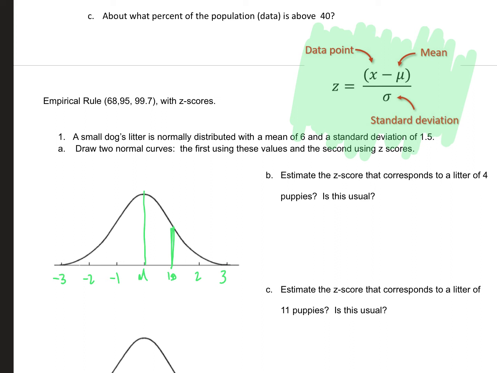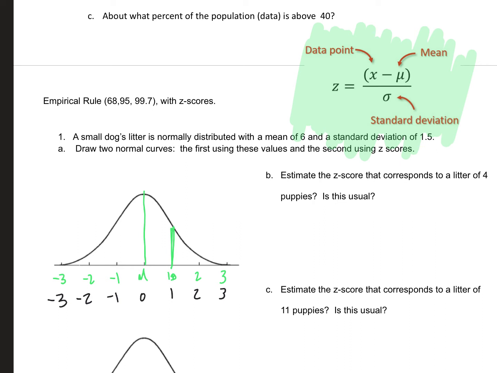So what a z-score is telling us what the answers are. So these are z-scores themselves. This is a z-score of 1. This is a z-score of 2, 3, -1, -2, and -3. Those are technically z-scores. And then 0, of course.